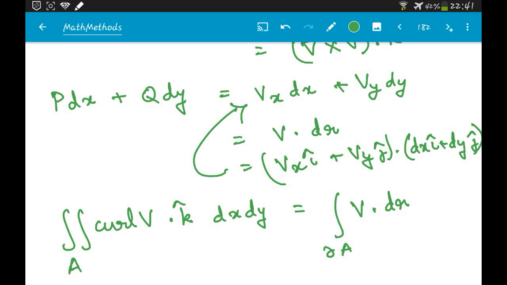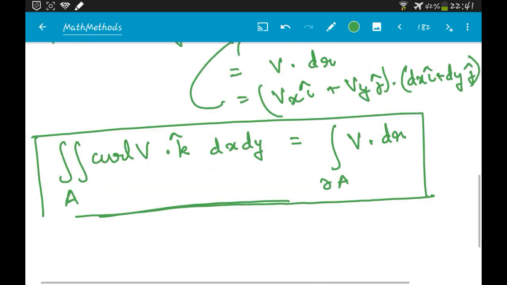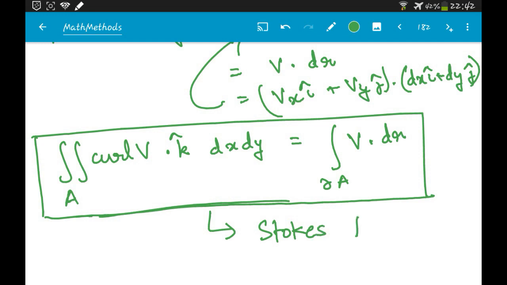Alright. And this form is known as the Stokes theorem.